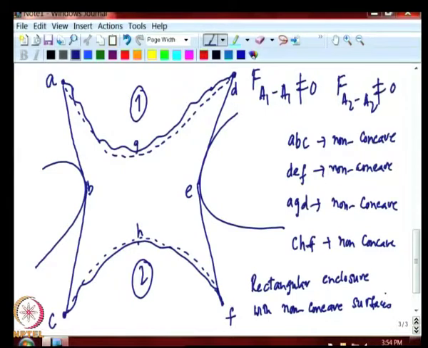That is, surfaces wherein the self-viewing factor, that is F A1 A1 or F A2 A2 or F A, they are all zeros, because these surfaces do not have concave features. Of course, ultimately we have to find F12.